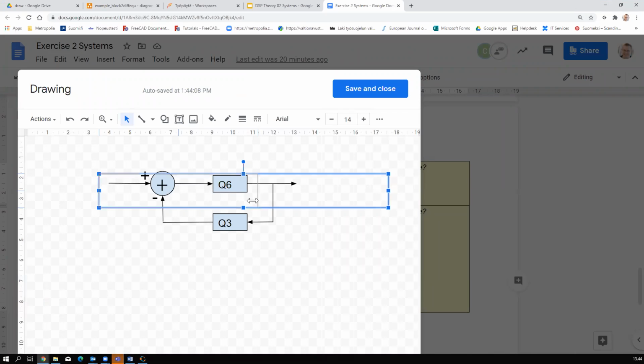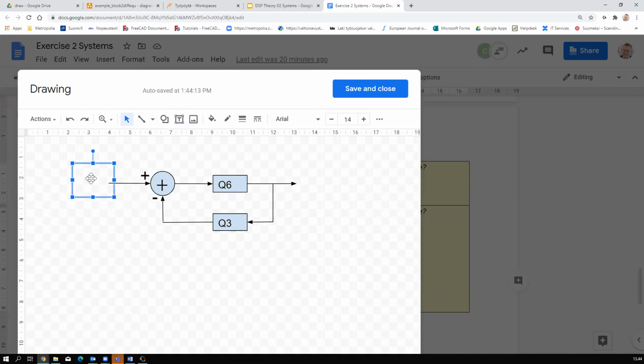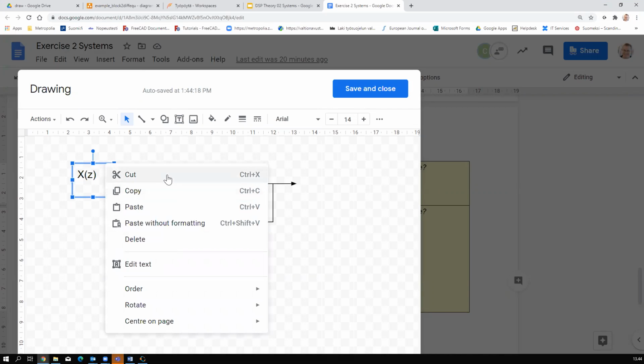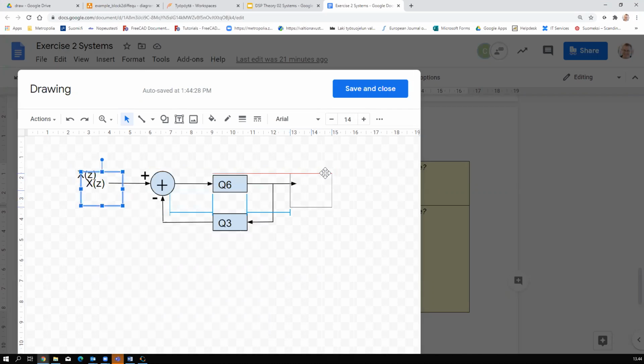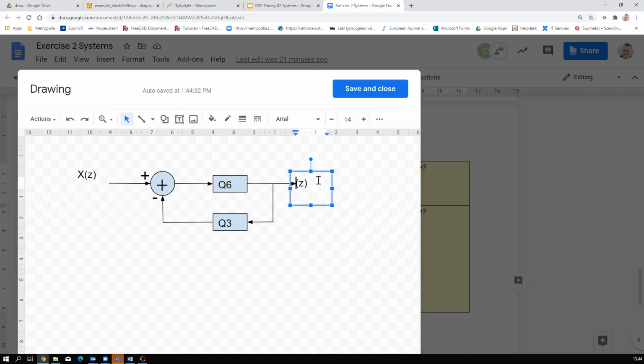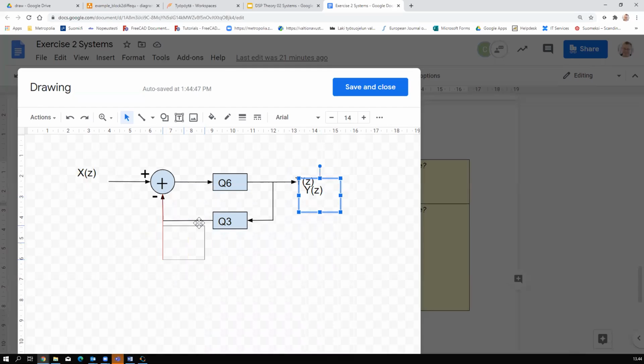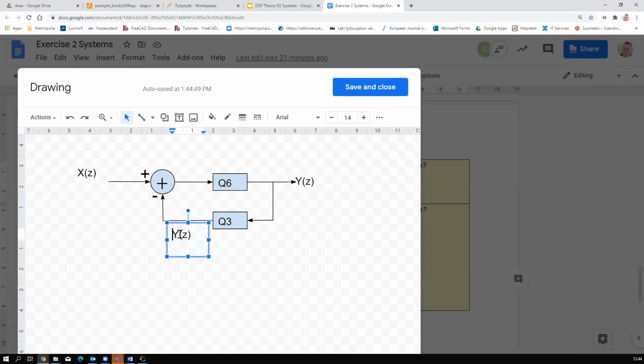If at this point I had X(z), then this would be Y(z). Here on the output, we have Q3(z) times Y(z).